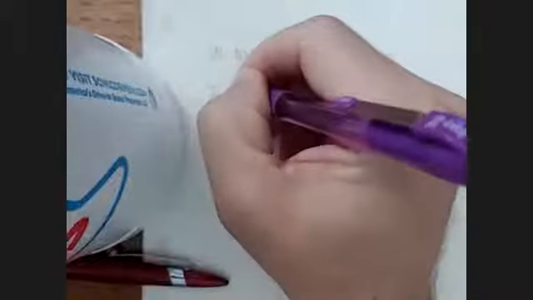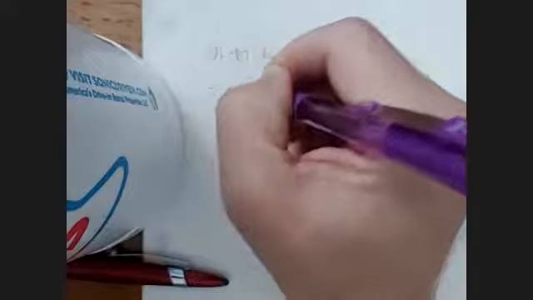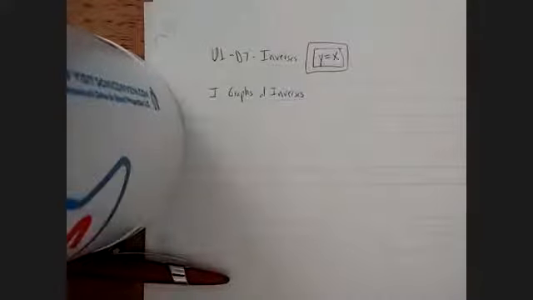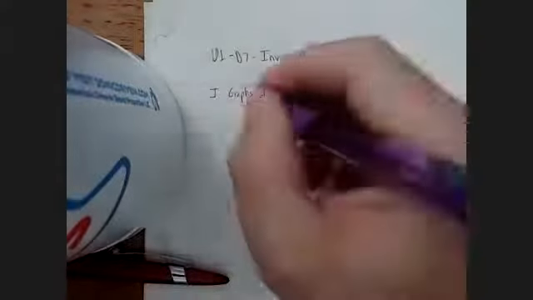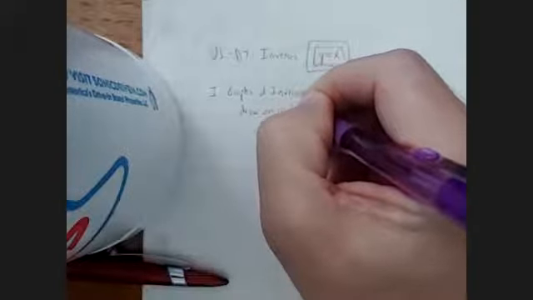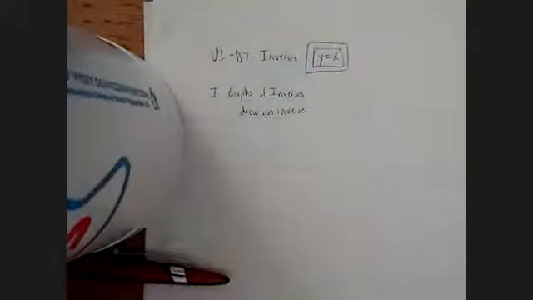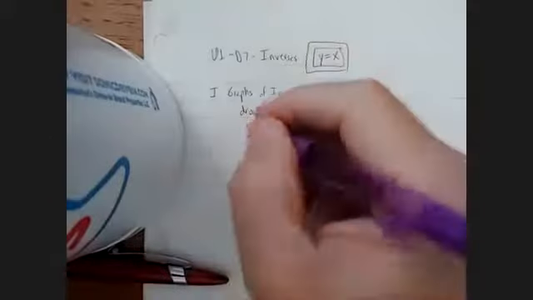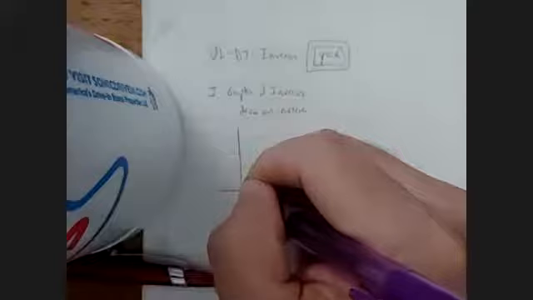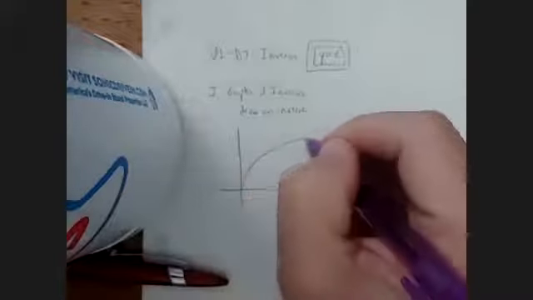So the first Roman numeral is going to be graphs of inverses, and specifically drawing an inverse of a given graph. So to draw an inverse of a graph, let's first look at an example of a graph.